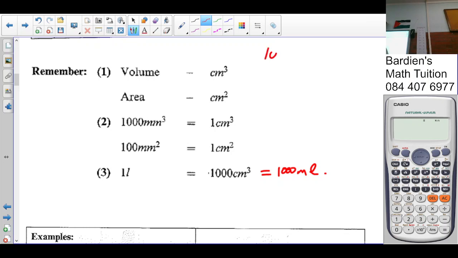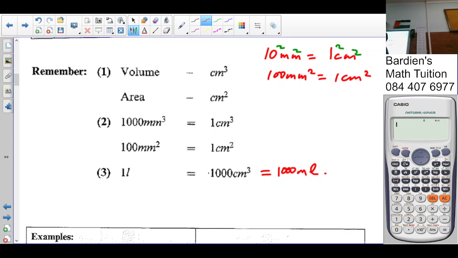We know that 10 millimeters is equal to how many centimeters? 1 centimeter. So say you wanted it in centimeters squared, then I square that. So 10 squared is 100 millimeters squared is equal to 1 squared, which is 1 centimeter squared.